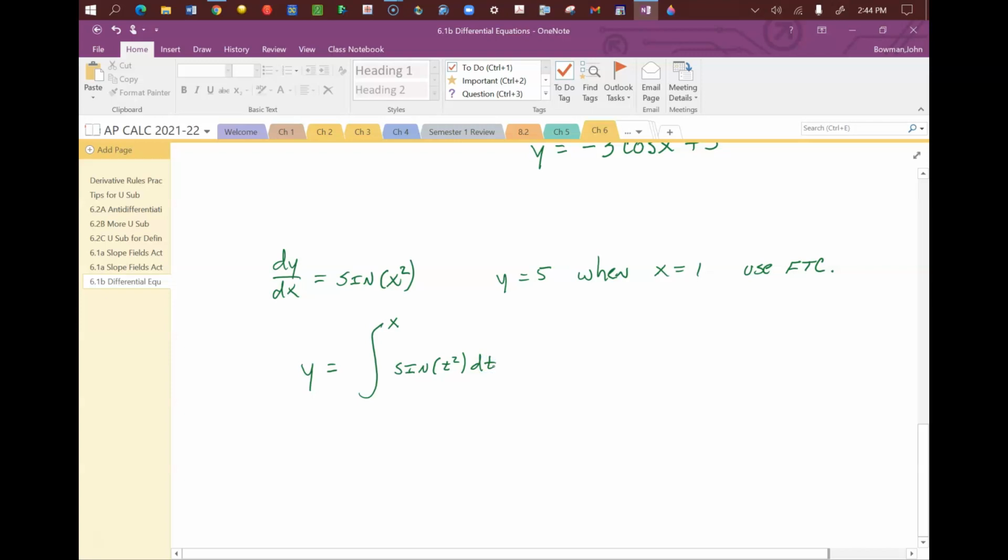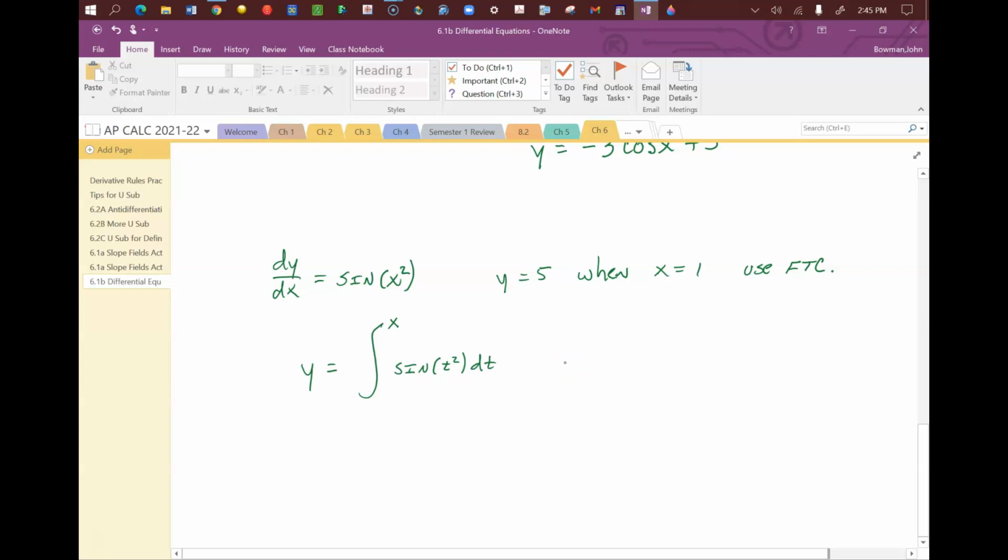So as you know from the previous chapter, if we were to differentiate this, we're going to get the sine of x squared. And that's why I changed this to t squared and left the upper limit as x, because if I had left the upper limit as x squared, then I'd have to apply the chain rule, and I would have a derivative that has a 2x on it, and we don't have that.